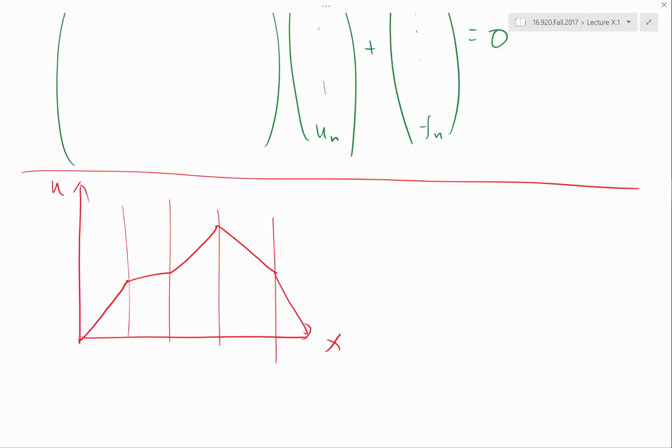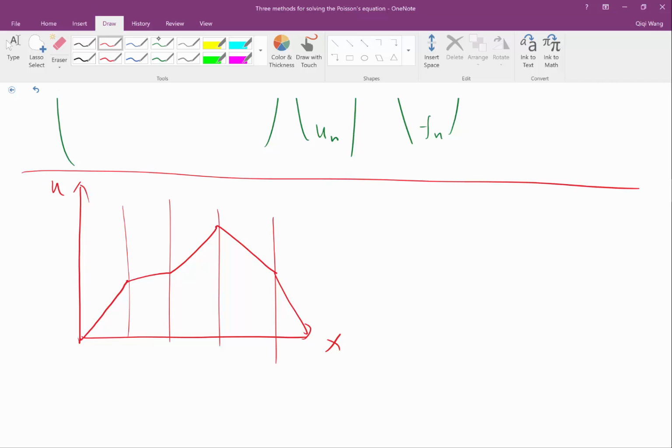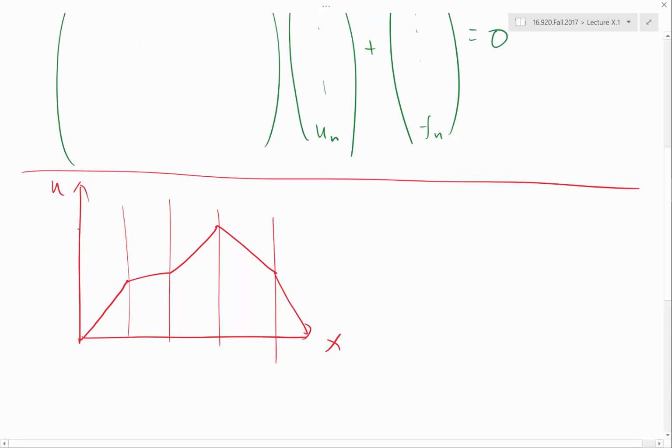So the basis functions are functions that, first of all, satisfy the boundary conditions, and then, let's say this is 1, then they go from here to here. They are non-zero in as few elements as possible, right? So this is the kind of basis function for piecewise linear elements.